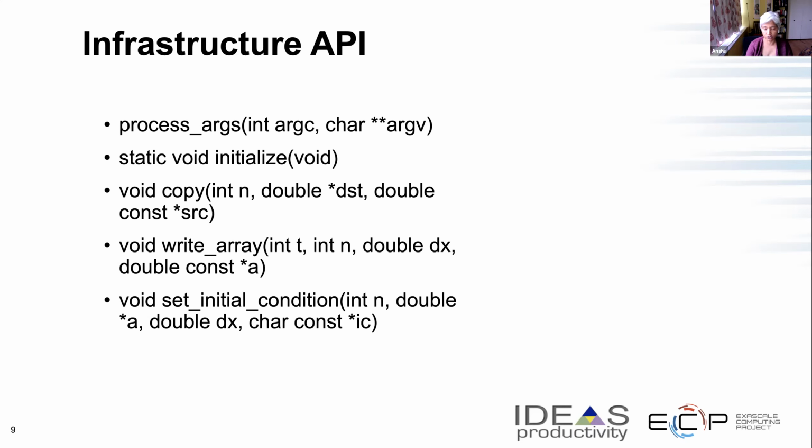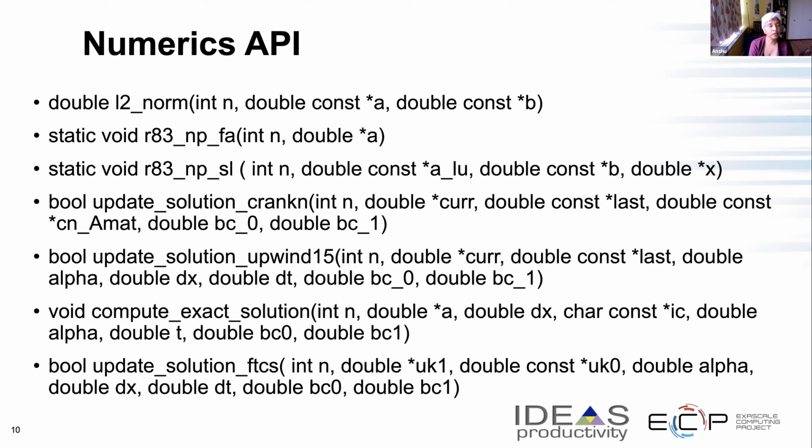So this is our infrastructure API. The Numerics API is for calculation of the norm, the actual calculation of the capabilities, and updating the solution using various methods, which are here: there is Crank-Nicolson, upwind, exact solution, etc. So all of this is the numerical API in that particular design space.